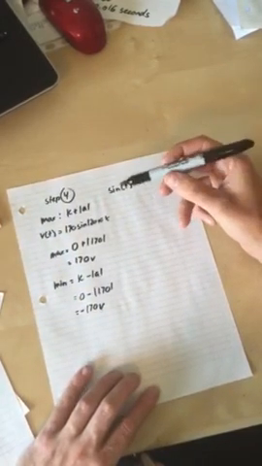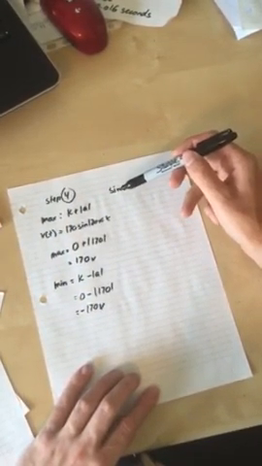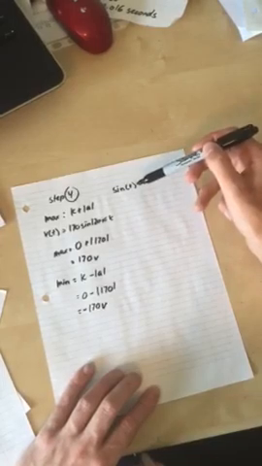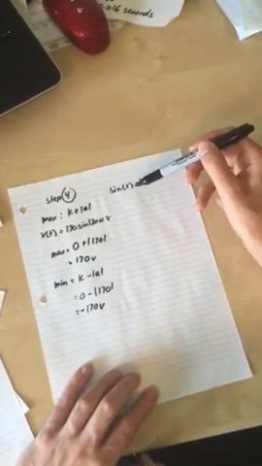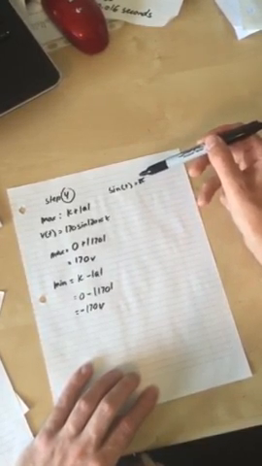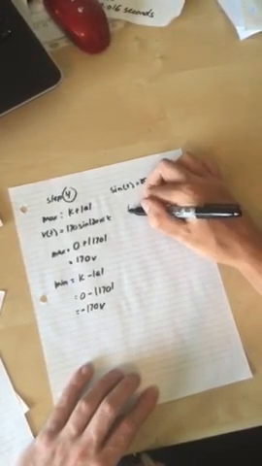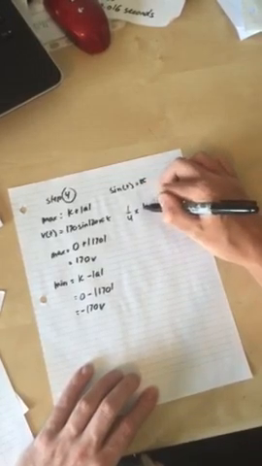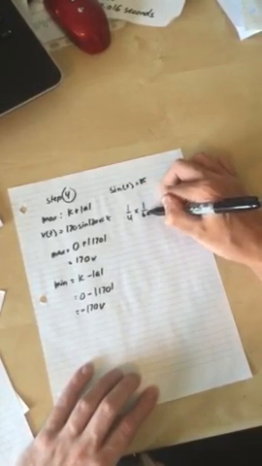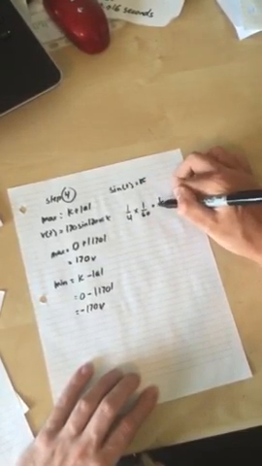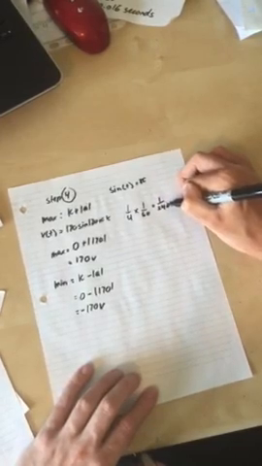Recall that sine t has a maximum 1 over 4 of the way along a period. This means that the first maximum will be reached at 1 over 4 times 1 over 60, which is equal to 1 over 240.